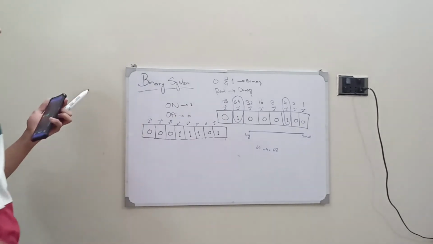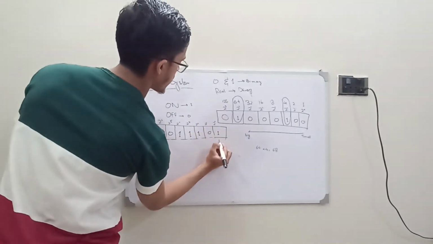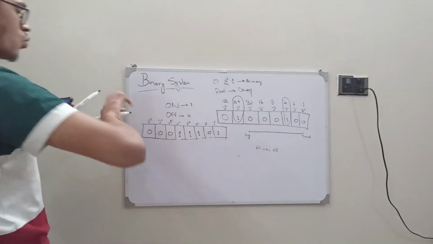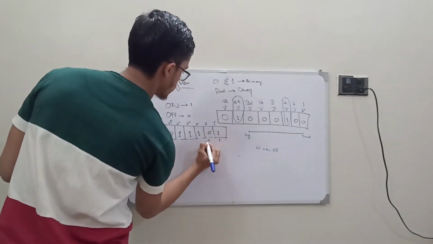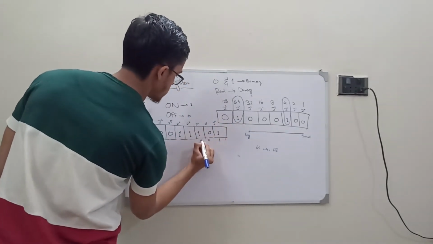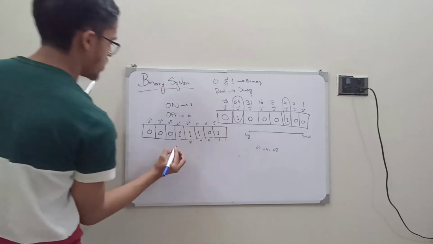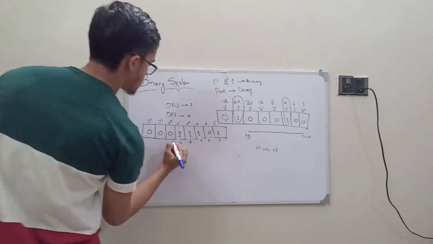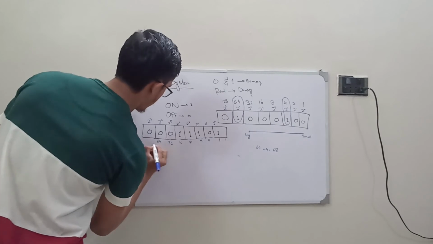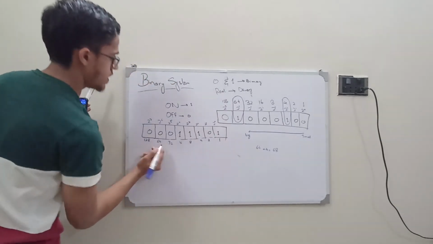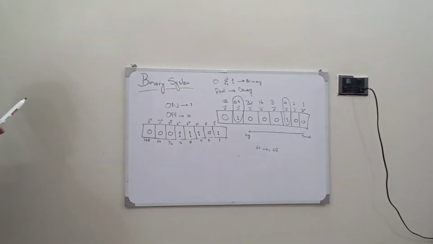After translating these numbers, 2 power 0 is 1, 2 power 1 is 2, 2 power 2 is 4, 2 power 3 is 8, 2 power 4 is 16, 2 power 5 is 32, 2 power 6 is 64, and 2 power 7 is 128.